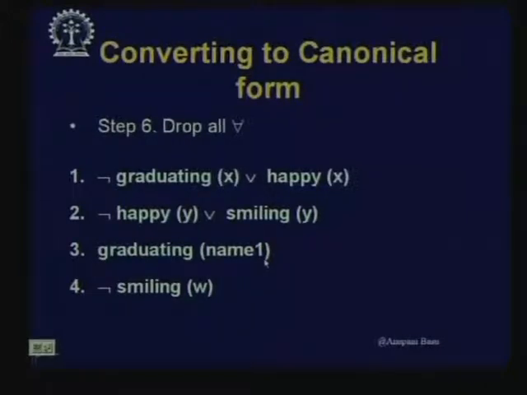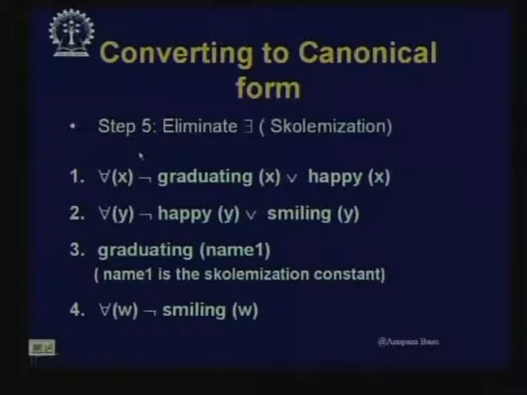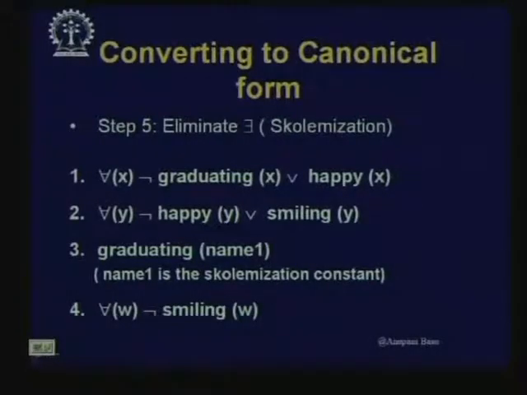We drop all the universal quantifiers, because of the simple reason I do not really need it. By now, I have removed the existential quantifiers. By now, I have reduced the scope of negation to as close as possible to the predicates, and by now I have pushed all the quantifiers to the left, and the existential quantifiers have been removed already.